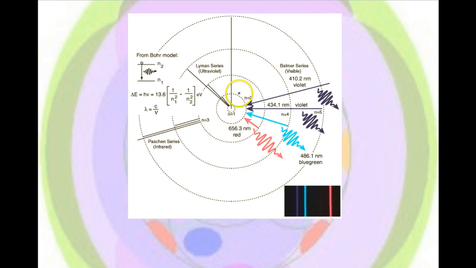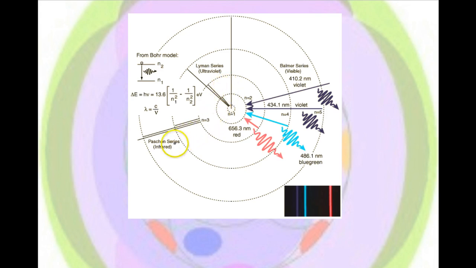And then we have an area right here where the electron falls back down to the first energy level. This is called the Lyman series, and these lines would be found in the ultraviolet region of the electromagnetic spectrum, and we really can't see them with the naked eye.